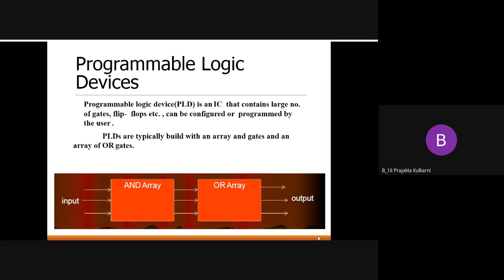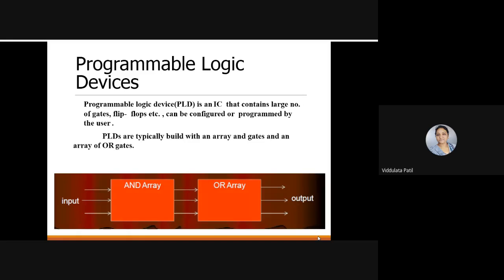So we are discussing programmable logic devices. The word programmable itself means that we can configure these logic devices, or program them depending on our application or the user's application. The user can configure that device.